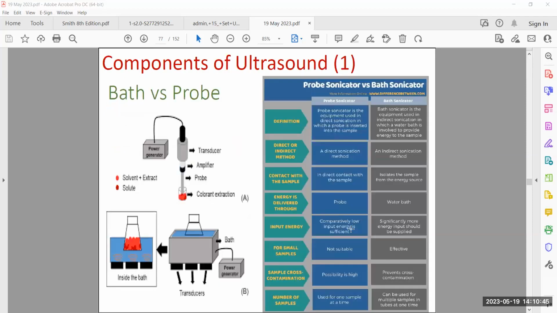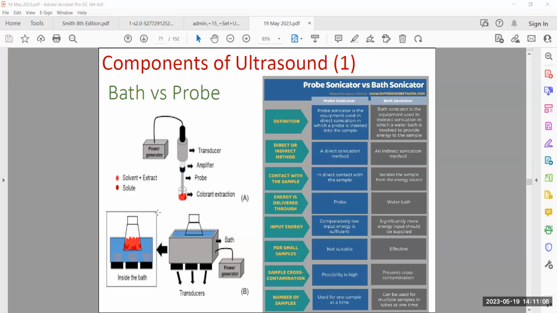There are two different components of ultrasound: what we call the bath type, and what we call the probe type. The probe type looks something like this, where you have your probe that gives out the ultrasound frequency, so it is very limited to a localized diameter.